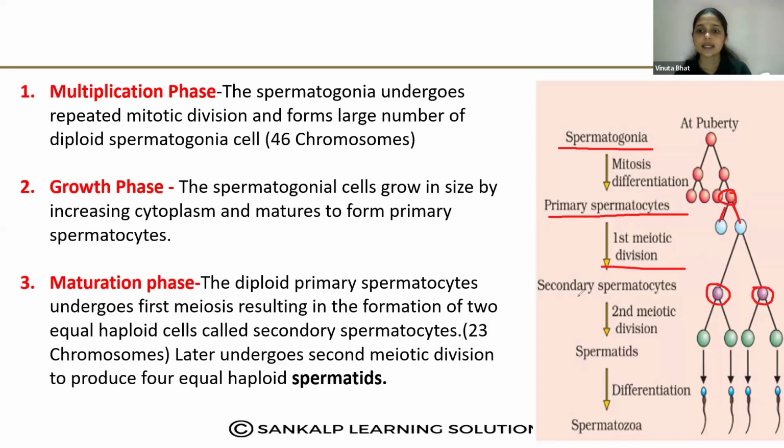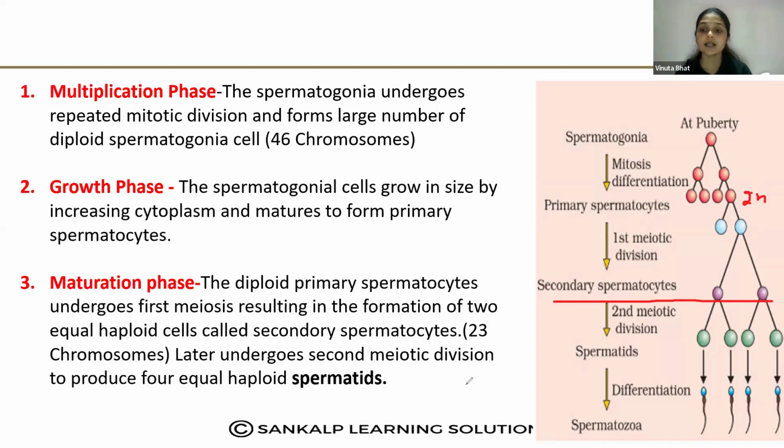These secondary spermatocytes are haploid and contain 23 chromosomes. In humans, diploid means 46 chromosomes are present, and haploid means only 23 chromosomes are present. The secondary spermatocytes are haploid, but the primary spermatocytes are diploid.